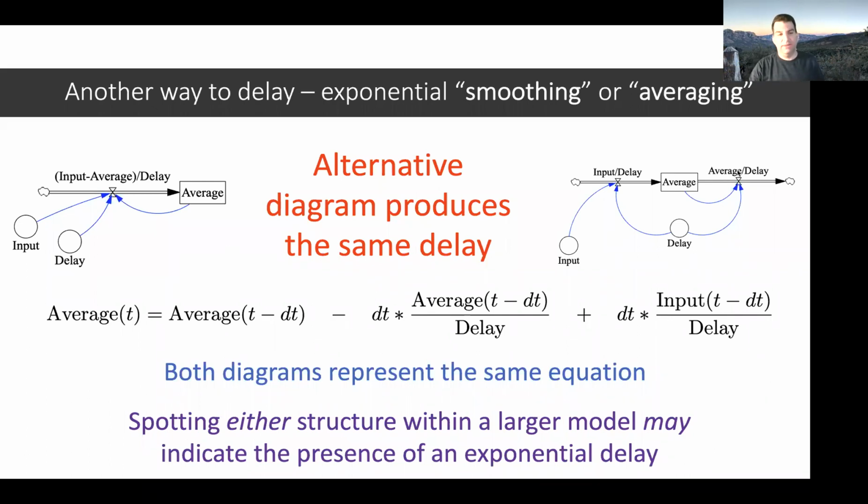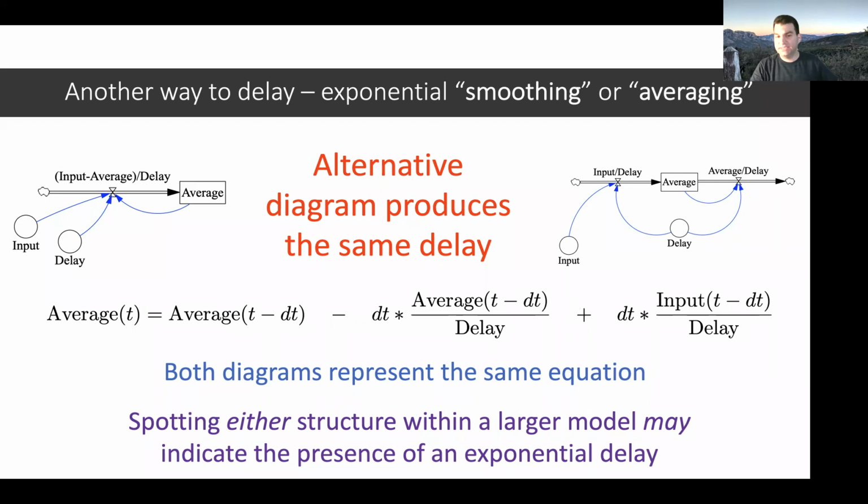And by doing that, it just allows us to get more insight into why this is often called averaging. Because if we think of this version here, which is identical to this version, but we've broken up the inflows and outflows, then we can imagine writing the formulas that are being implemented behind the scenes, like this formula here, where the average at any time is the average of the previous time step, minus the outflow, dt, which is the time step, times the average of the previous time step divided by delay.